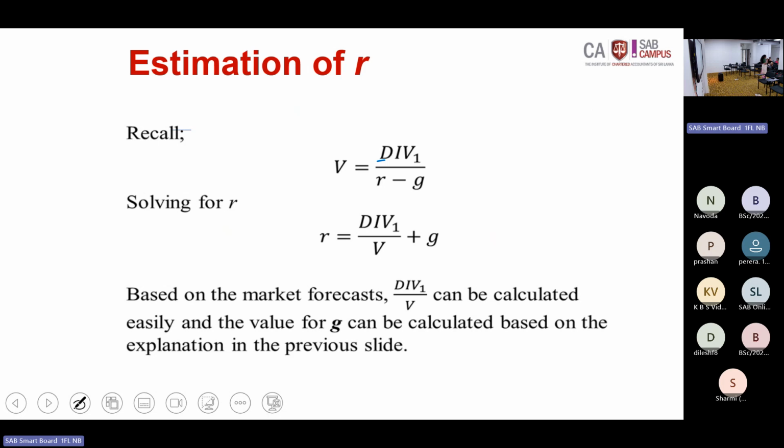Dividend in the next year. Dividend in the next year divided by the calculated value of the share, and you add the growth rate to that amount. So then you can calculate the required rate of return, R.